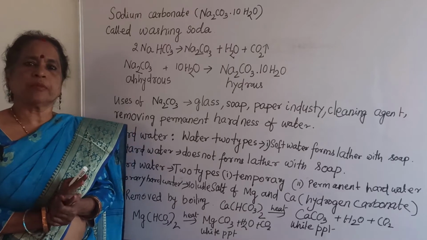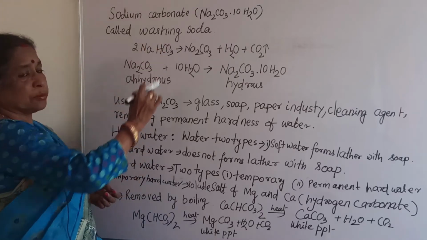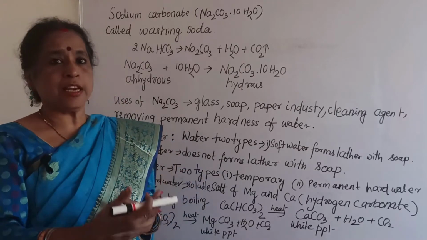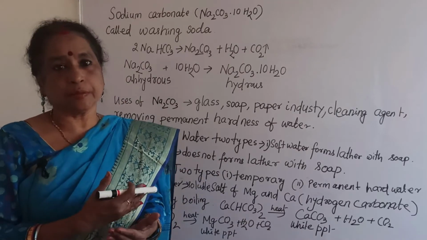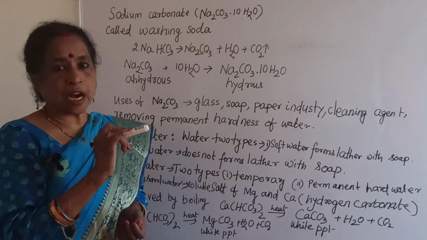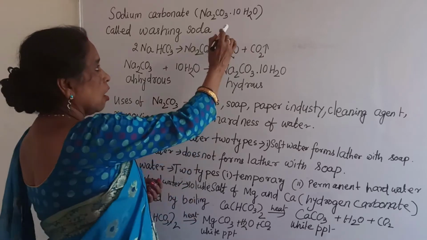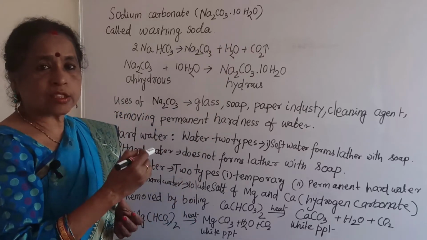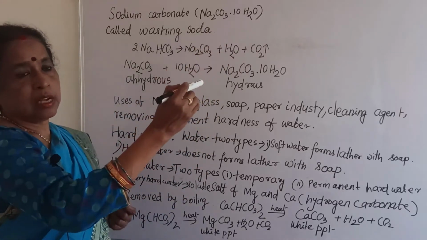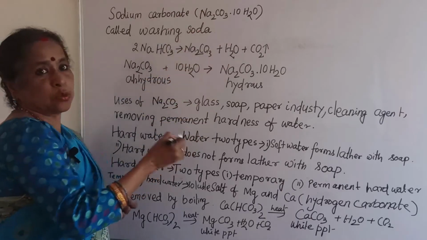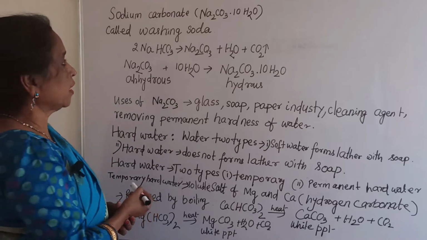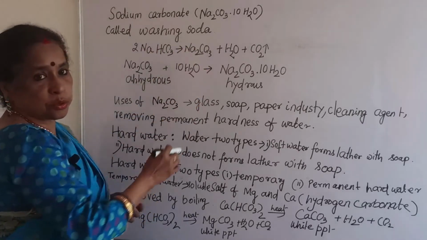Then come to sodium carbonate. We know the formula, Na2CO3. But generally we are using sodium carbonate having 10 molecules of water. Sodium carbonate Na2CO3·10H2O is called a hydrous salt, because 10 molecules of water are associated with one formula unit of sodium carbonate, and then it is called washing soda.